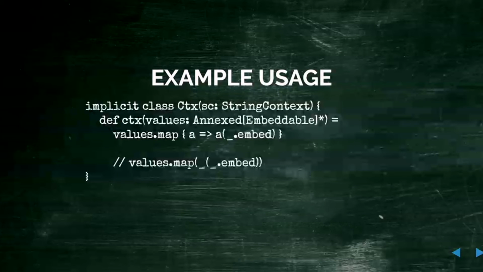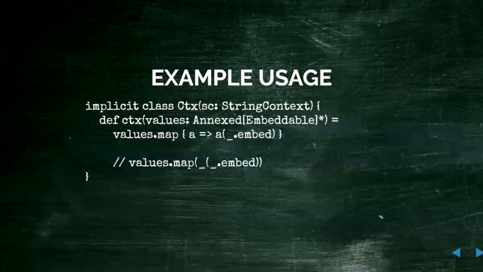So forget embedding, we're going to use annexed now, and I'm going to ask for varargs of annexed of the embeddable type class. Remember, this boilerplate around here is just the bits we need to make this into a string context. And then given the values here, for each one, we're going to call .embed on it. Now, this is like a lambda within a lambda.